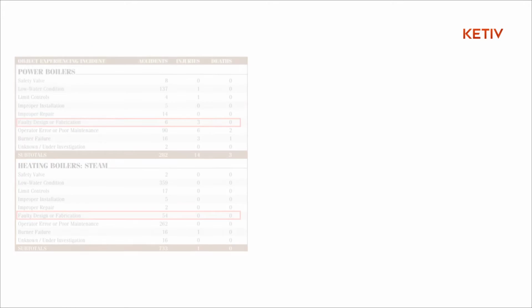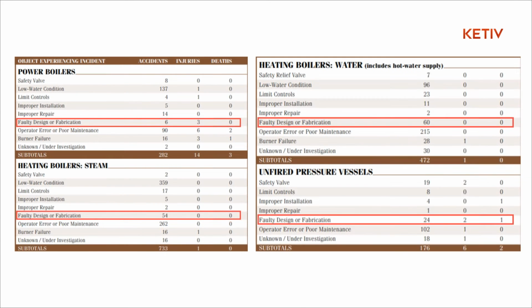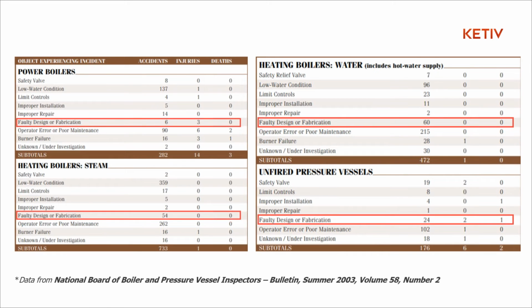I did mention that a lot of the empirical design rules help make designs safer. That's not an absolute statement, because as recently as 2002, this data was taken from the National Board of Boiler and Pressure Vessel Inspectors, their bulletin from summer 2003.